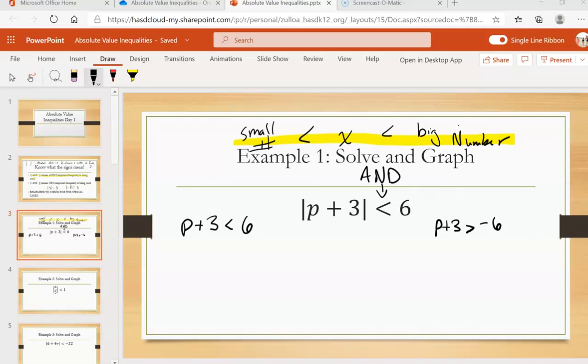Okay. So your first step is to remove your absolute value and write it exactly how it is. The second step is to write the left-hand side without the absolute value bars, flip your inequality, and change your sign. These are going to be the first two steps for all of these problems once you get the absolute value by itself on the left, okay?